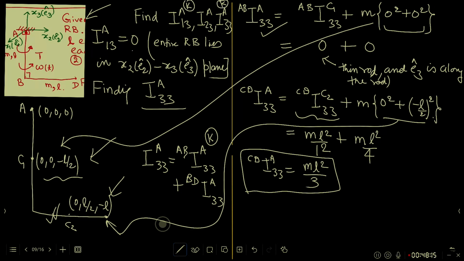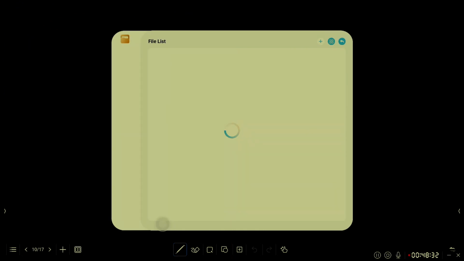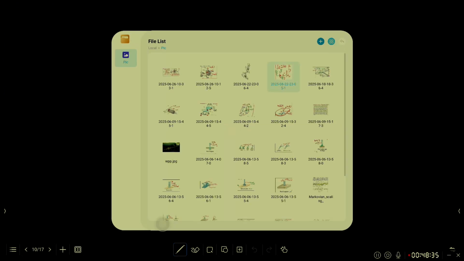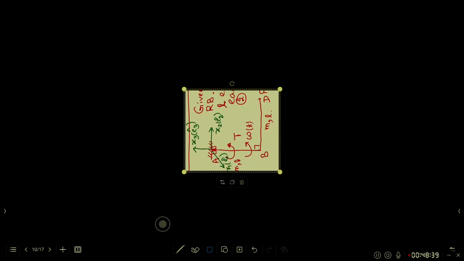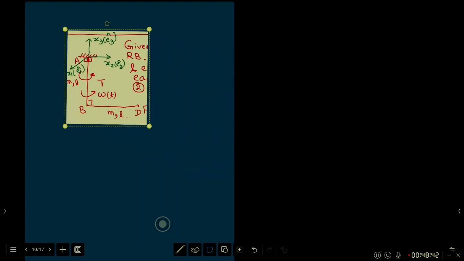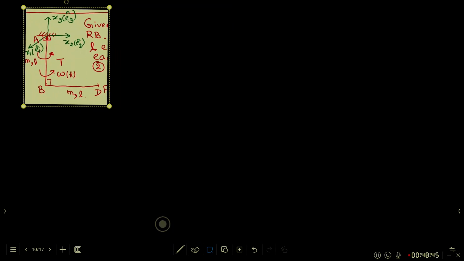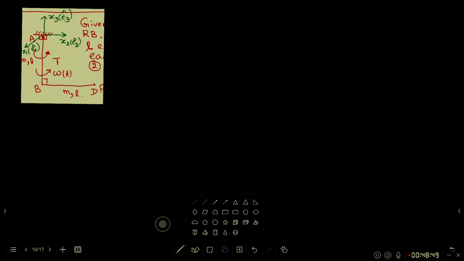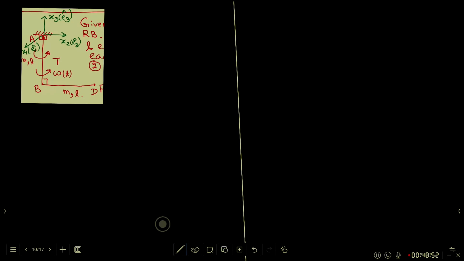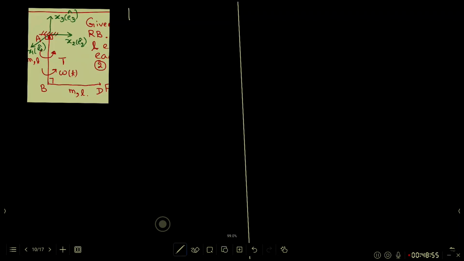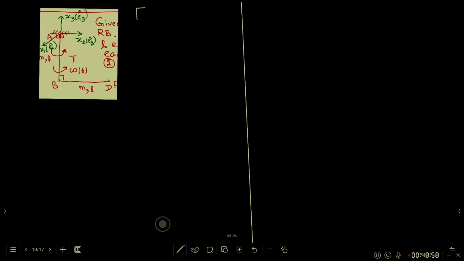Finding IA23 of the RB. I'm going to write this for the two separate parts, AB and CD.